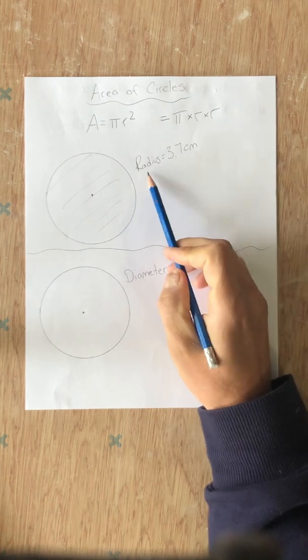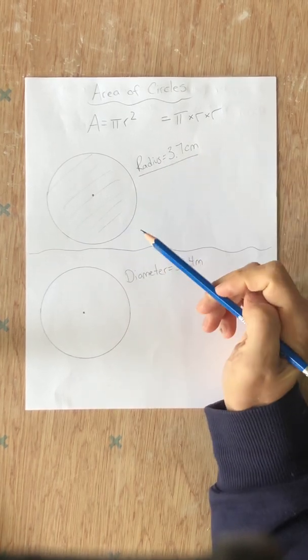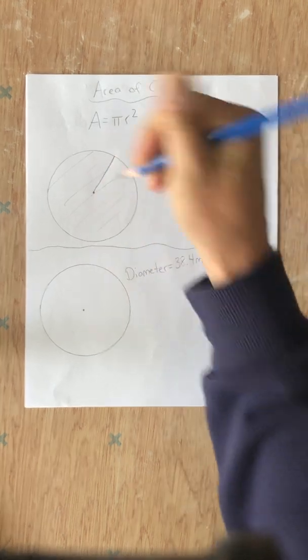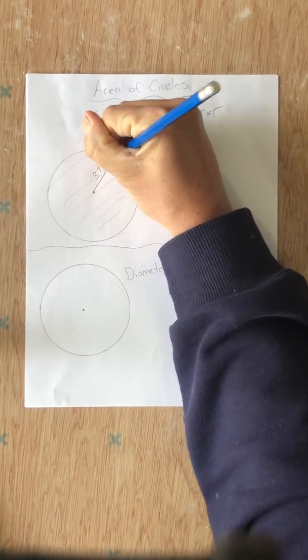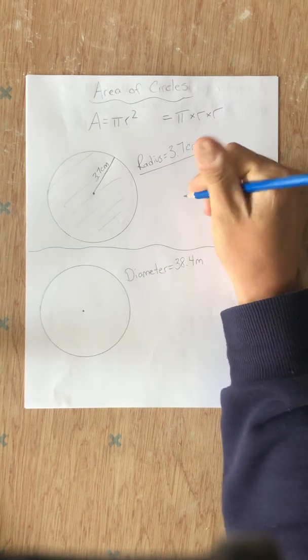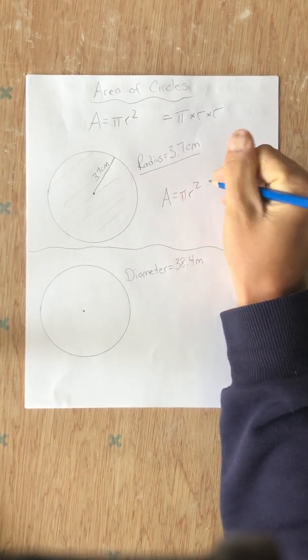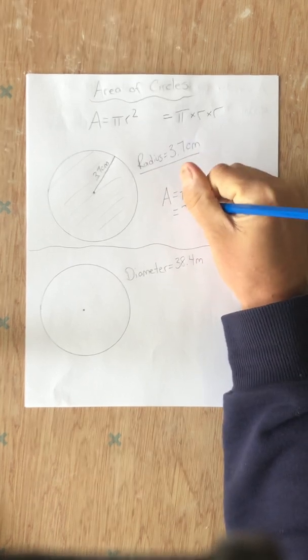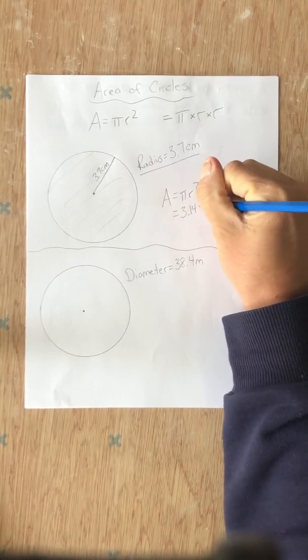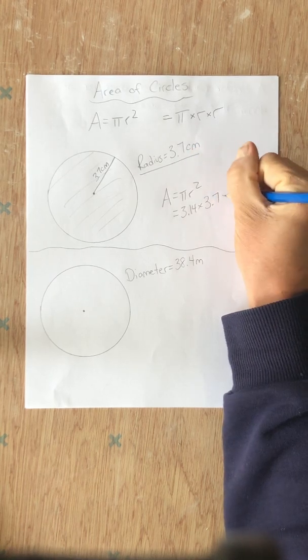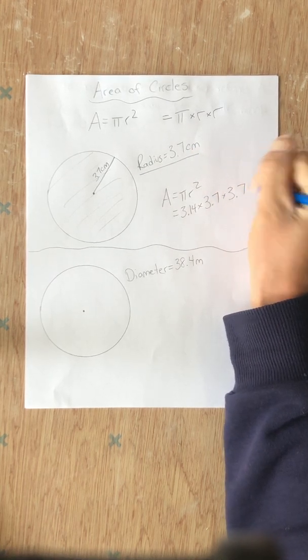So if this circle has a radius of 3.7 centimeters, that means its radius going here is 3.7 centimeters. And so to calculate the area, all I do is pi r squared. So that is 3.14 times my radius, 3.7, and times my radius again, 3.7.